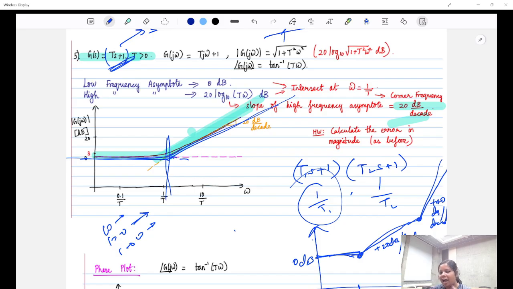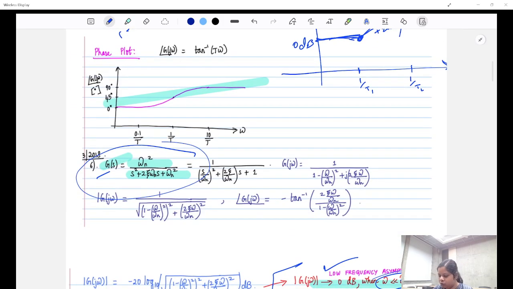If you have a pole coming in, after each corner frequency you will observe a minus 20 dB per decade decay. Alright, so it's not a ninja technique, but it is one of the conceptual things that you can observe from here, and you can be very fast at drawing the Bode plots.